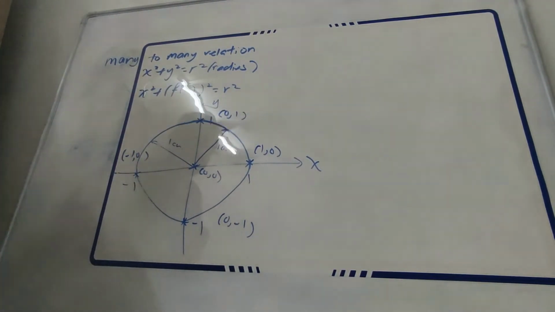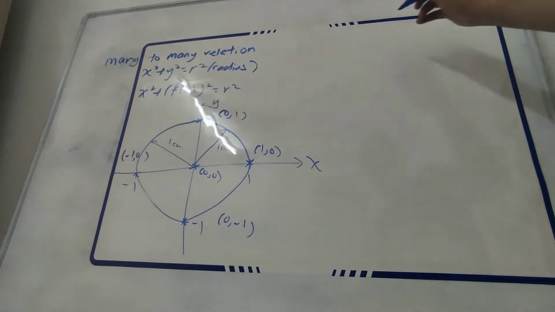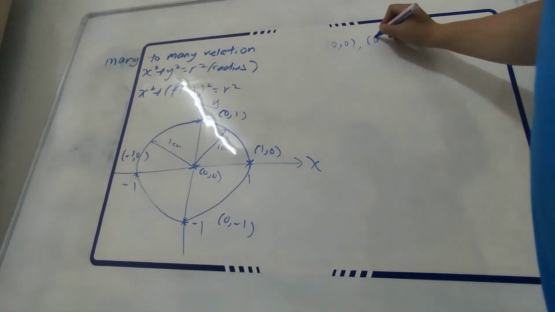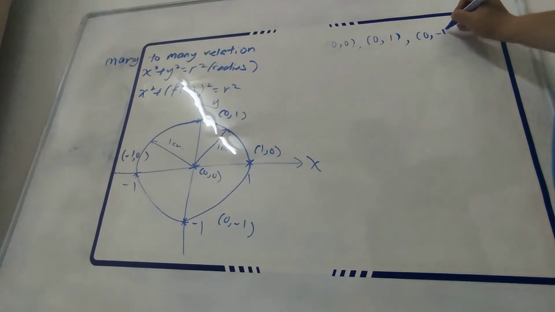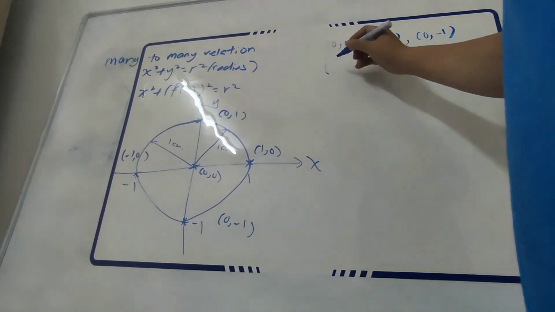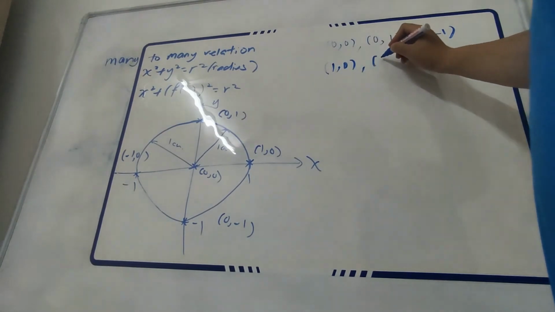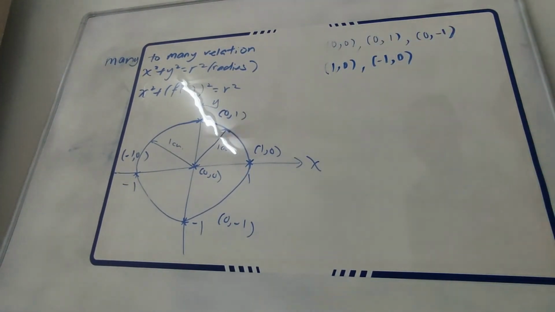If you try to write the set of the circle in these numbers, you will see 0, 0, and then 0, 1, 0, minus 1, 1, 0, minus 1, 0.